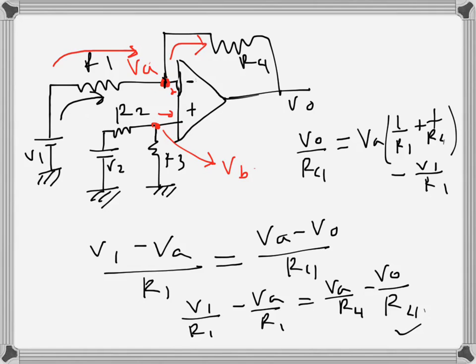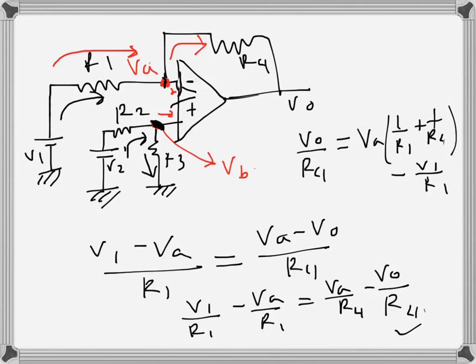Now we do the same thing at point B. We write KCL here. The current that is going here is the same current that is coming down. No current is going into the positive terminal, so no current into the op-amp terminals, of course.